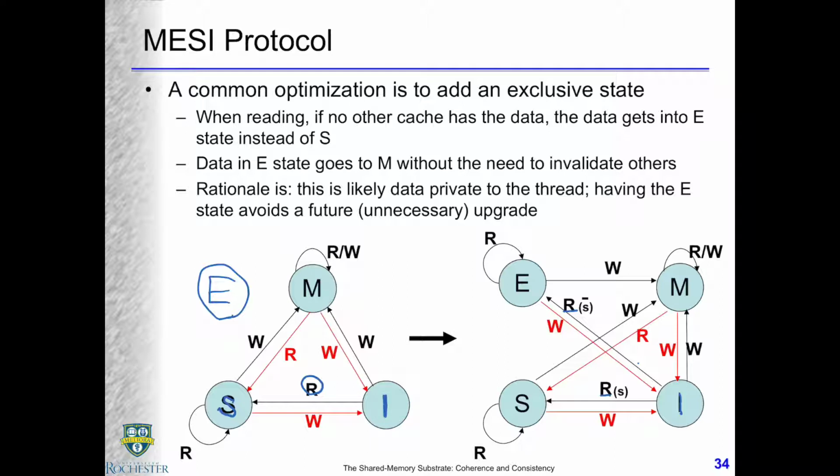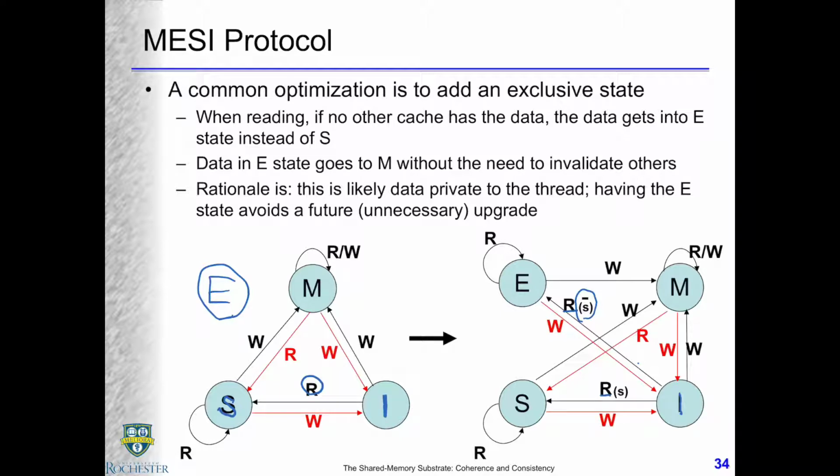When we read from the system, we assume for now that some mechanism will tell us whether you are sharing the line with others or not. If you're sharing the line with others, you go to the shared state just like before. But if you're the only one, you're not being shared. And that's what S bar is trying to indicate over here. Then you go to the E state.